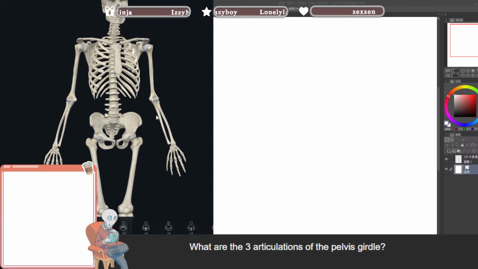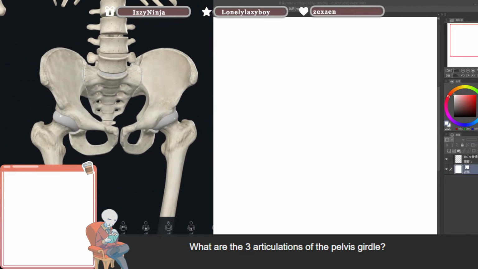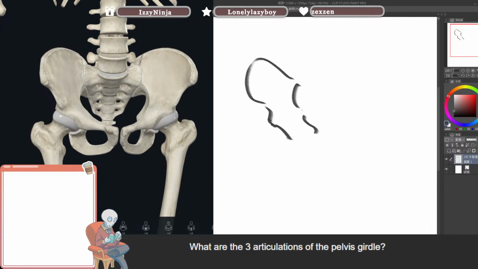The pelvic girdle is this thing. And the meaning of girdle is that if we're just talking about pelvic bones, usually the pelvic bone just means this thing, with the ischium and pubis area.